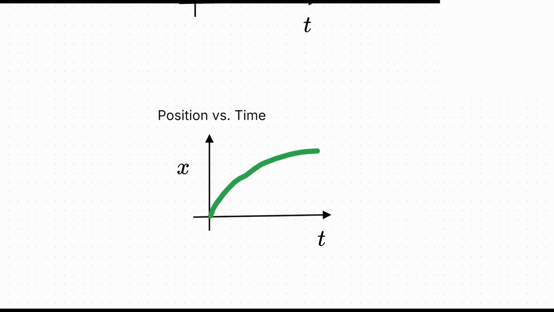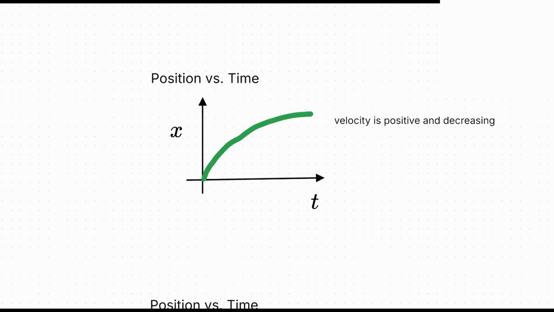The sign of the slope is still positive because if you draw a tangent line to this curve, you will need to draw a line that has a positive slope. So for this case, we can say that velocity is positive and decreasing because the slope is decreasing.